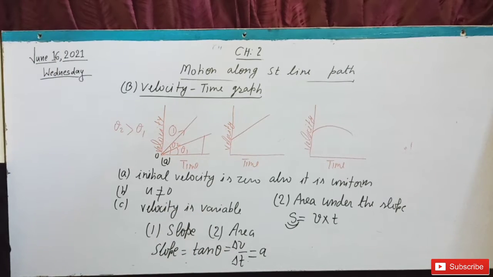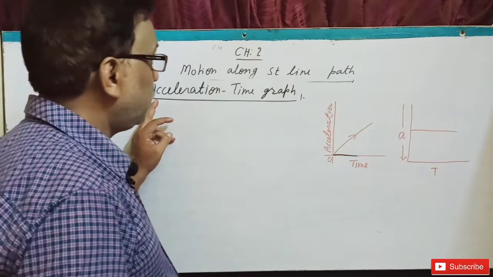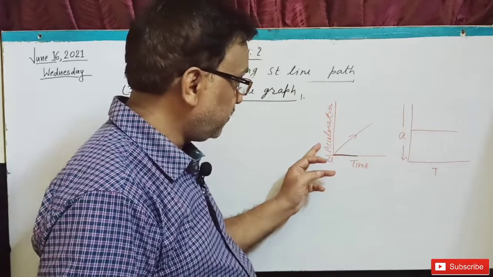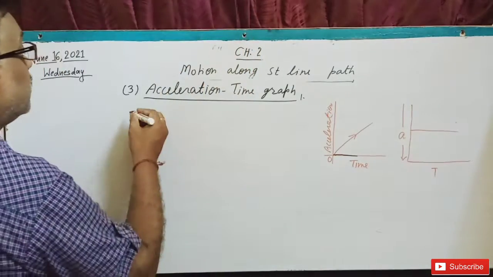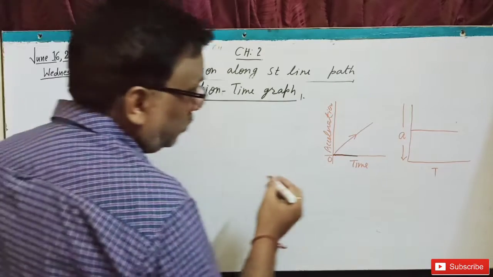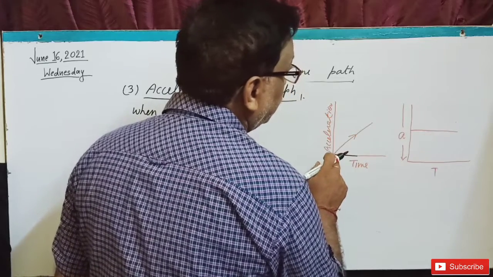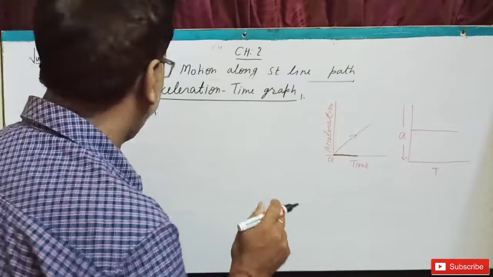Now we learn some more things. Now we discuss about acceleration time graph. Here, acceleration and time. When you look, it is started from origin. So at origin, its velocity is 0.